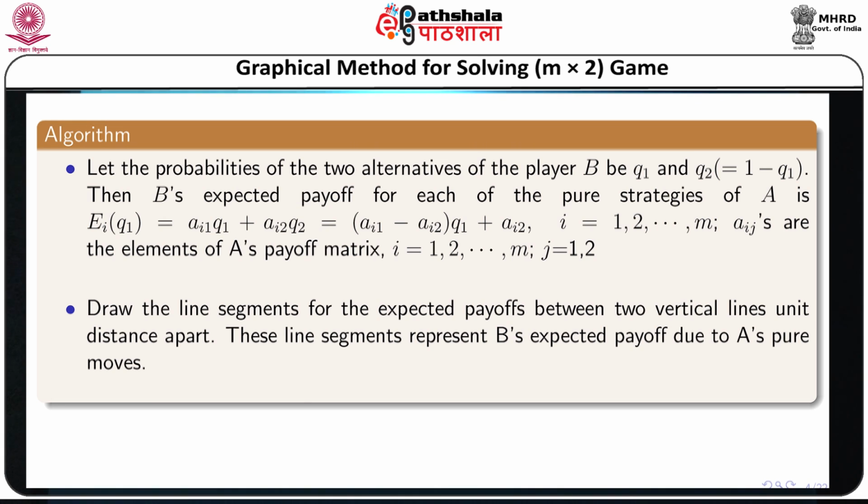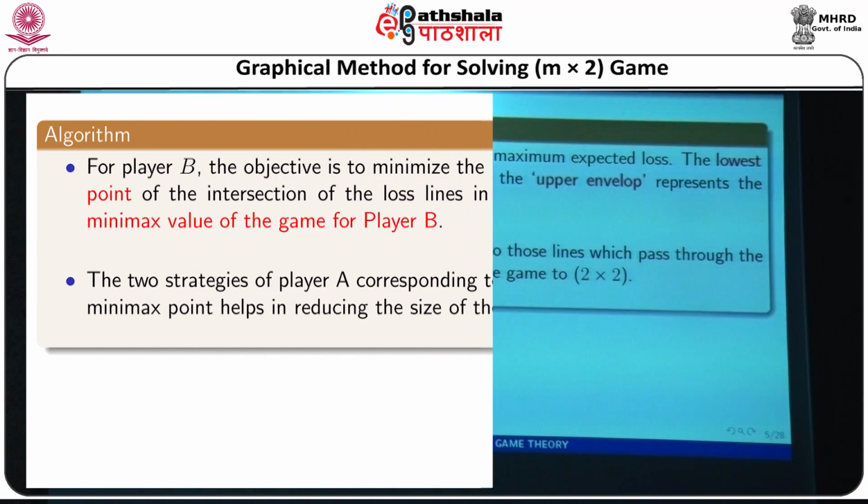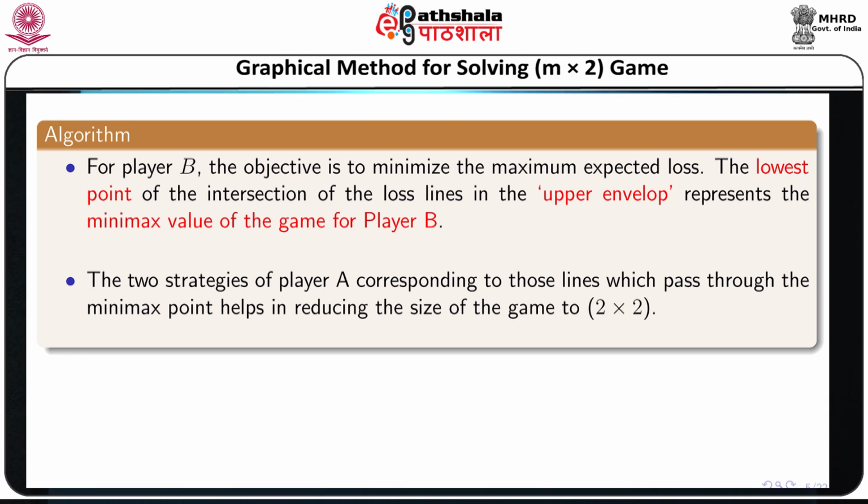We draw the line segments for the expected payoffs between the two vertical lines unit distance apart. These line segments represent B's expected payoff due to A's pure moves. For player B, the objective is to minimize the maximum expected loss.